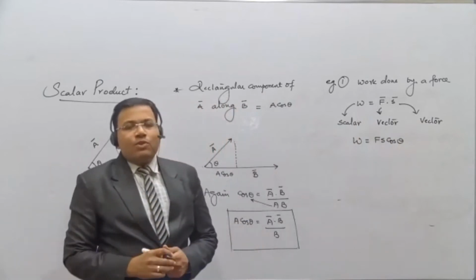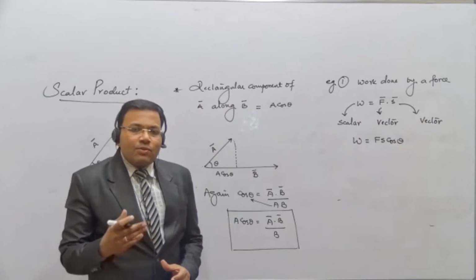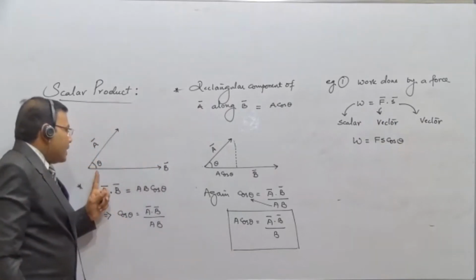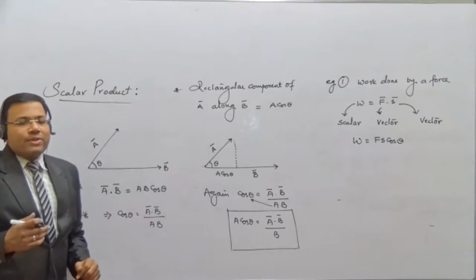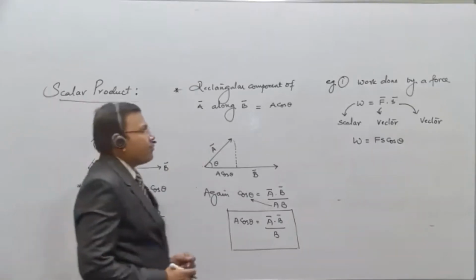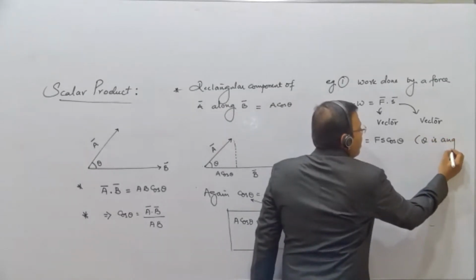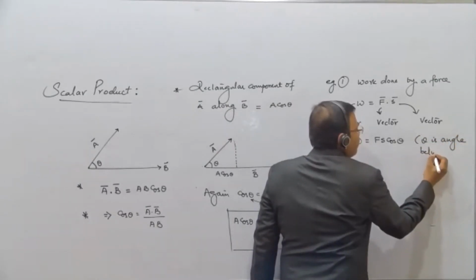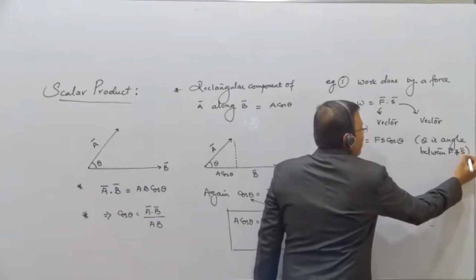Theta is the angle between the force and the displacement. I repeat, theta is the angle between force and displacement. Here theta is the angle between A and B. There theta is the angle between force and displacement. Here I'll write for your understanding: theta is the angle between F bar and S bar.